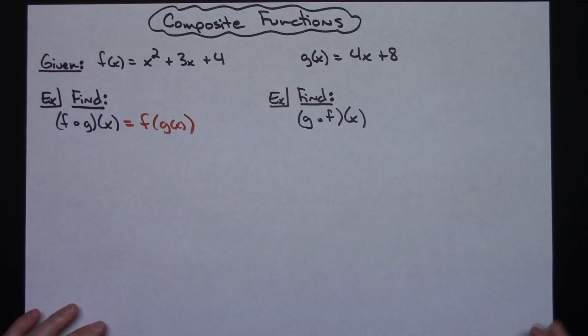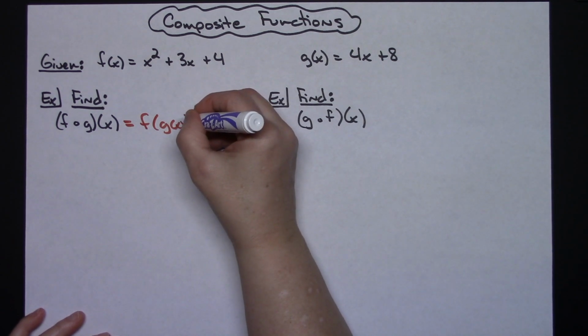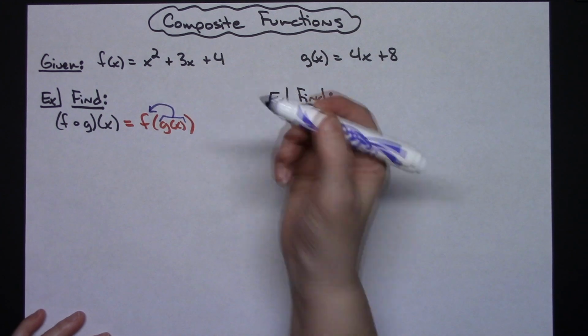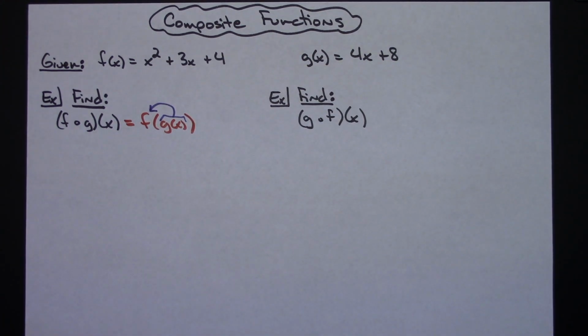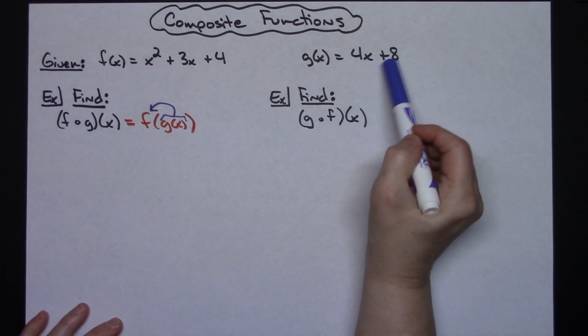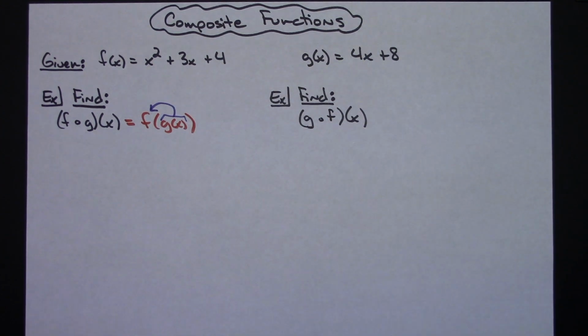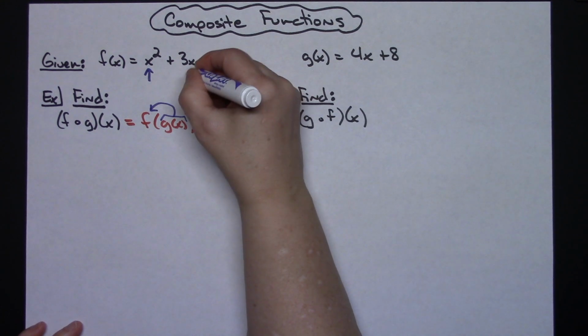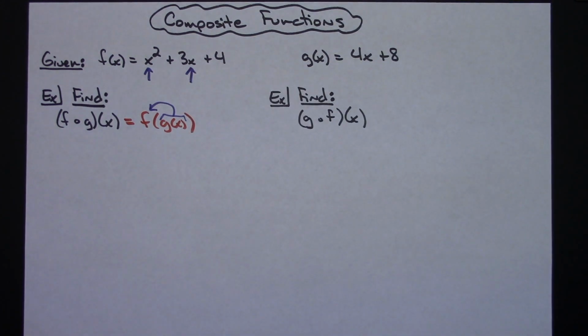Hopefully that lets you see that this g function right here has to be put inside the f function. So my 4x plus 8 needs to be put in for the x right there in the f function and the x right there.